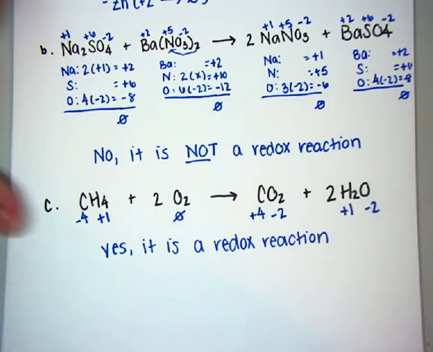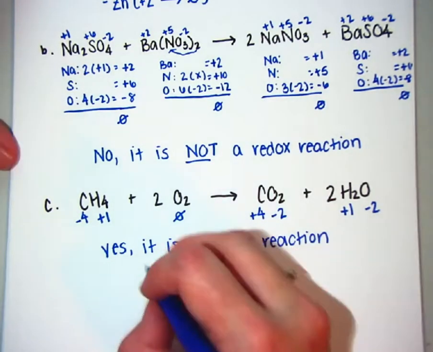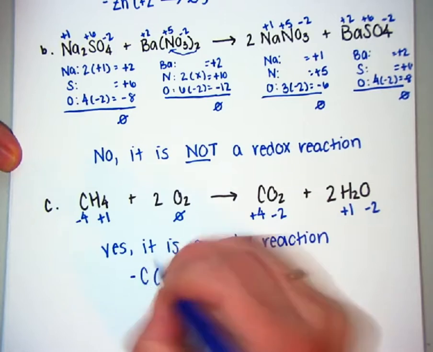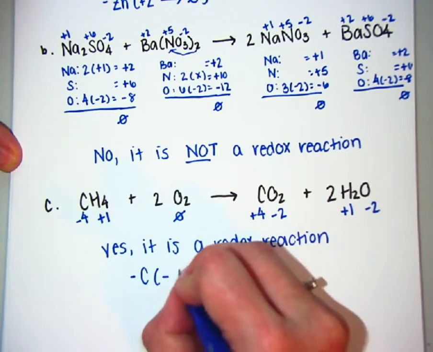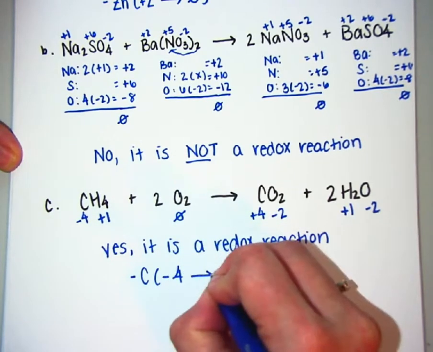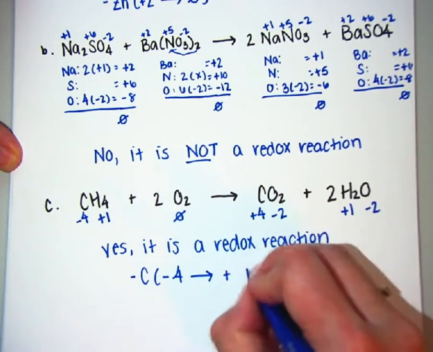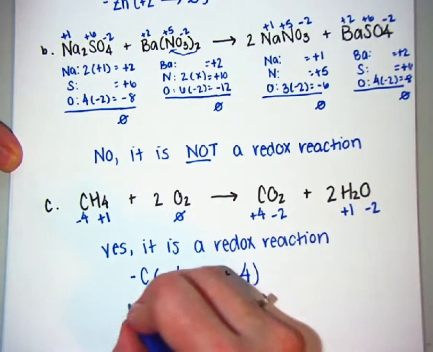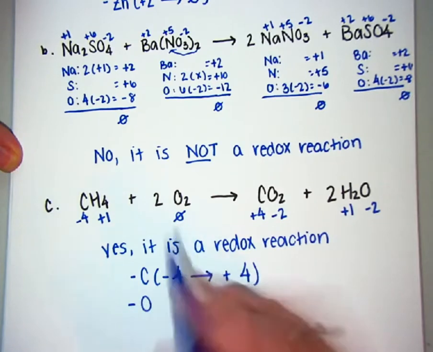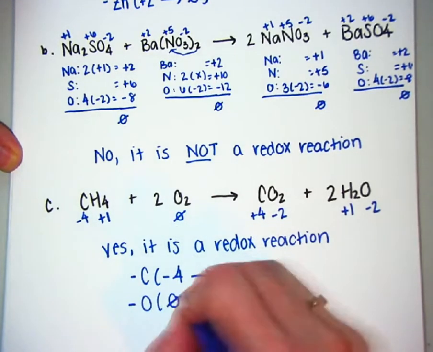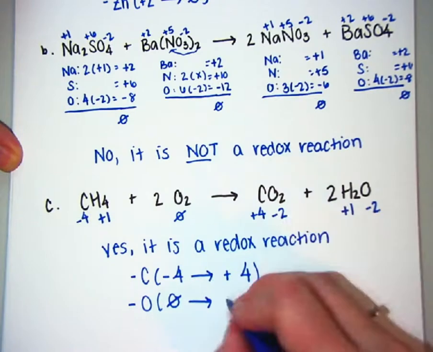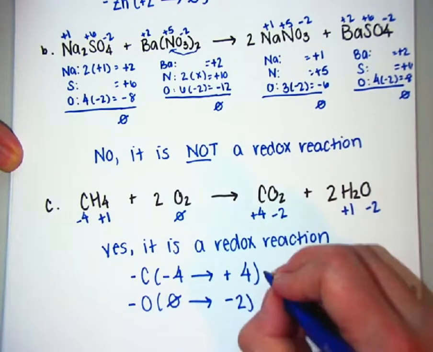For that extra practice, let's figure out which element is oxidized and which element is reduced. Carbon starts at a -4 and ends at a +4. I also see a change with oxygen. Oxygen starts at a 0 and ends at a -2.